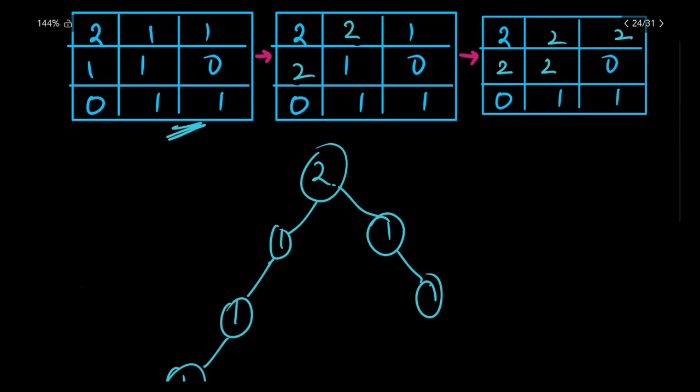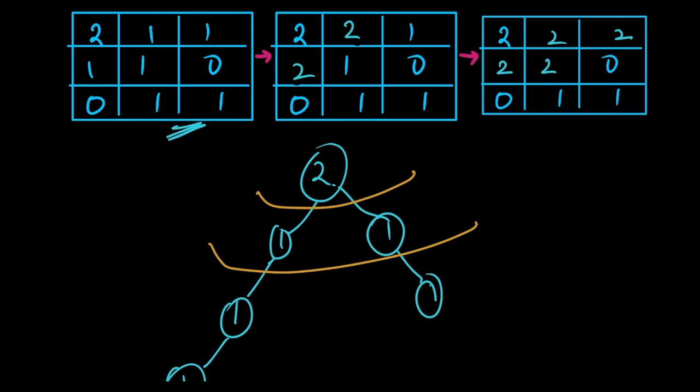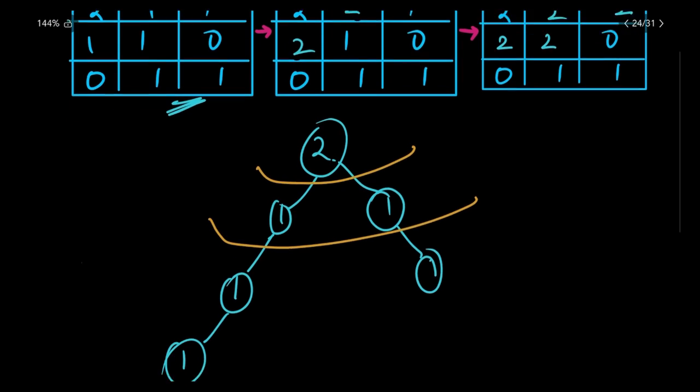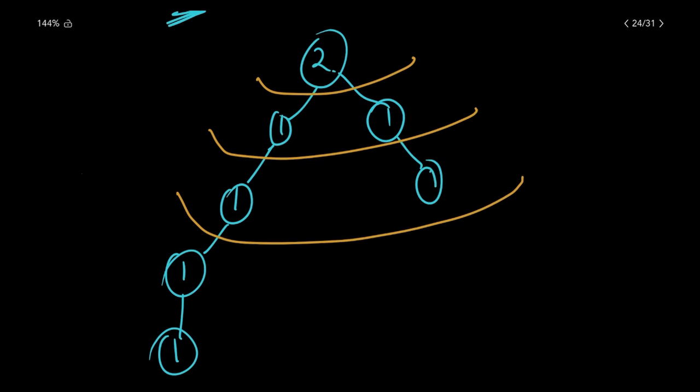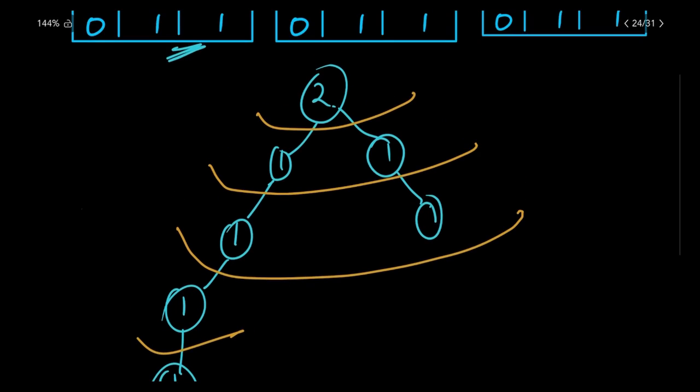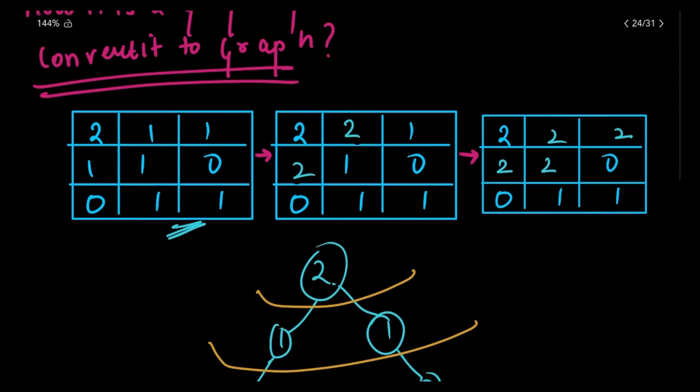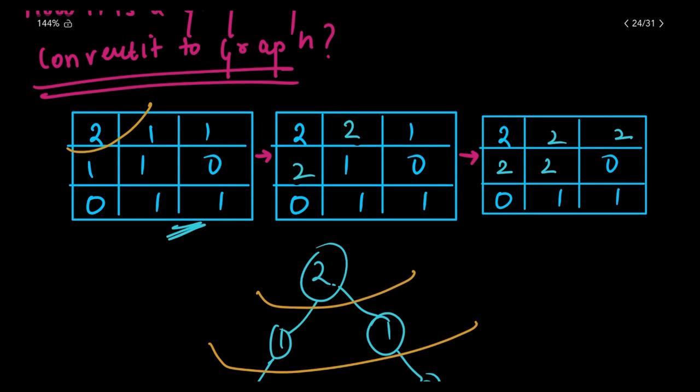At first level, this one is rotten. At the next level, at the second minute, it makes these oranges rotten, and at the next minute, it will make these oranges rotten, and then this, then this. That is how it is working in this graph. You can see this, this, this, and this, right?